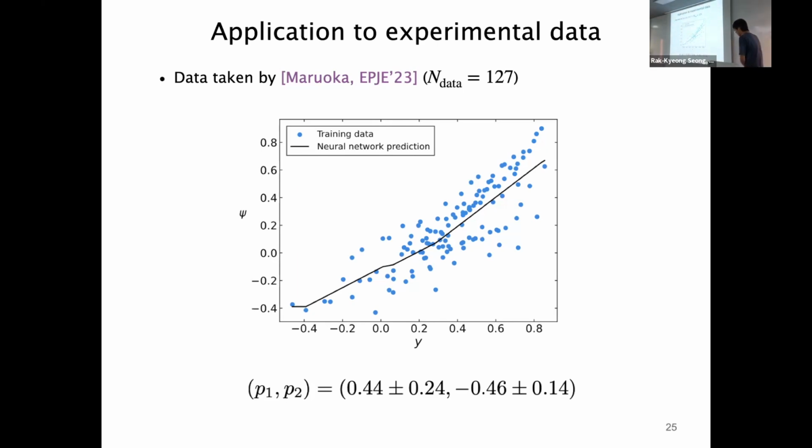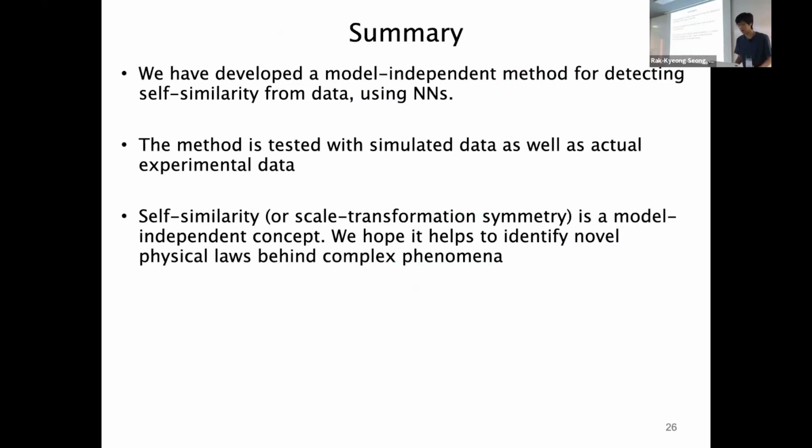And in that sense, I hope that this method is going to provide some useful information for understanding what is happening in complex physical phenomena. So that is basically what I want to say.